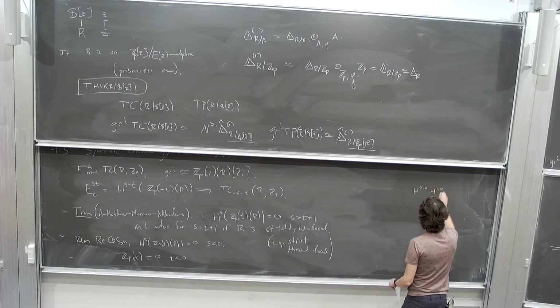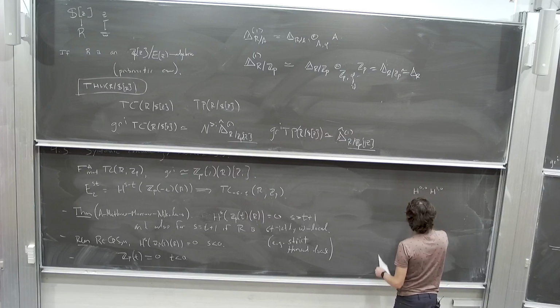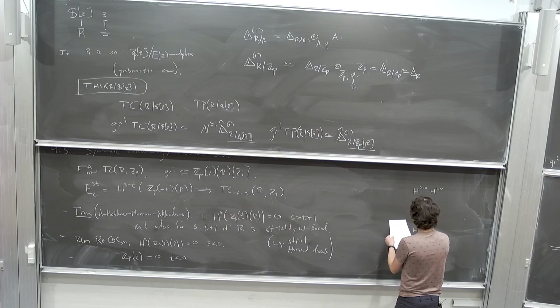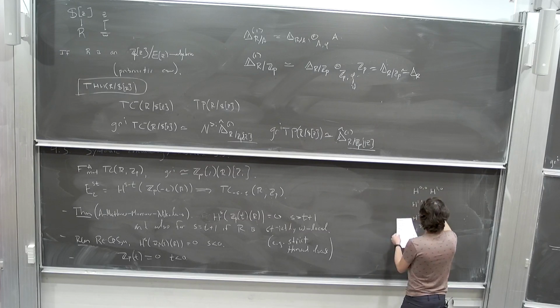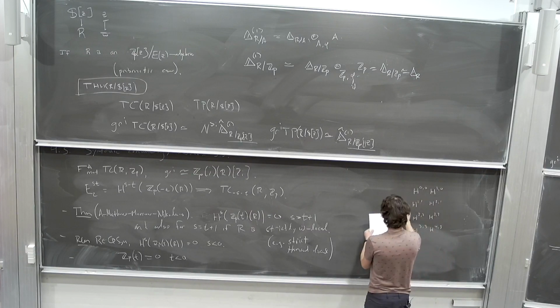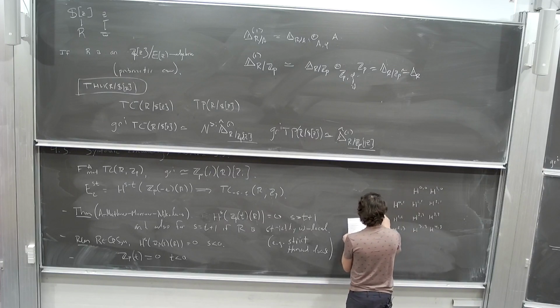H^1(0), H^1(1), and of course I'll need your help again, I'm sure, as I start to mess this up. Okay, so far no one's screaming yet. Maybe only inside. Okay, and so forth.